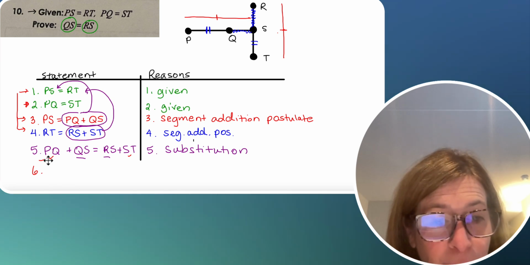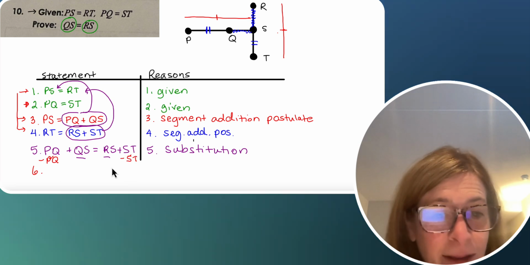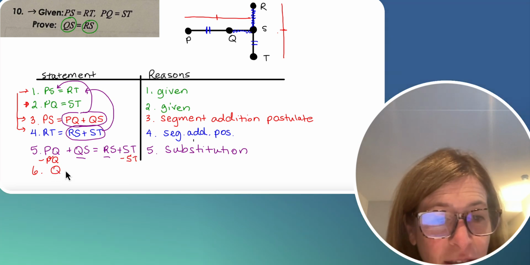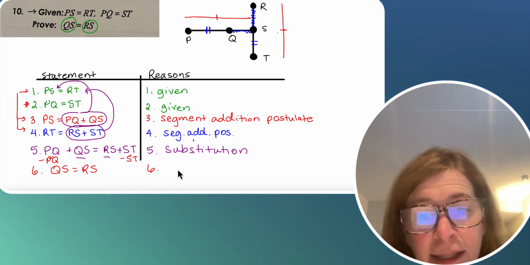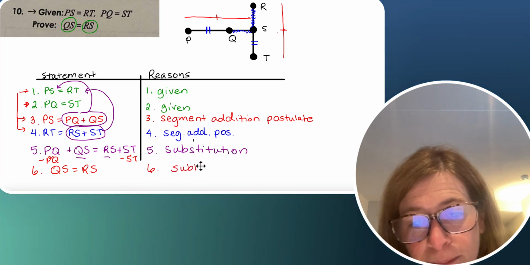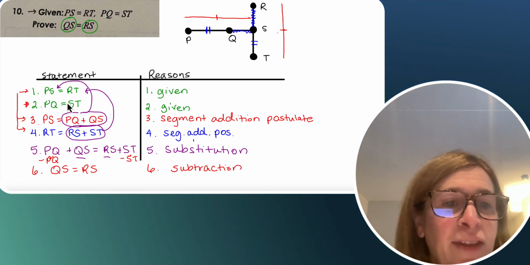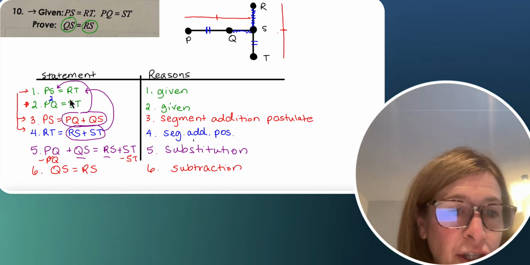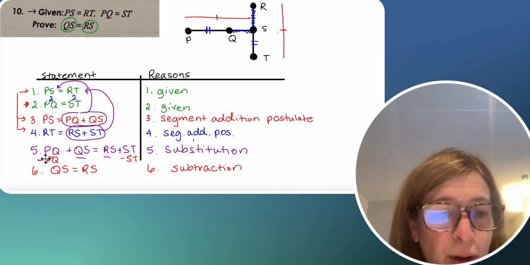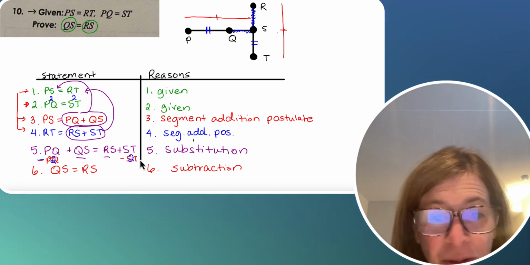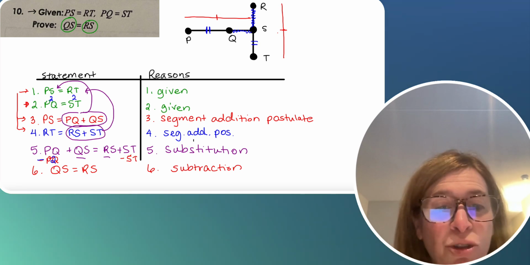I'm going to pretend subtract here, PQ minus ST, and I would be left with QS equals RS by subtraction. If you think about it, if they were both 2, then you'd subtract 2 from each side, wouldn't you?